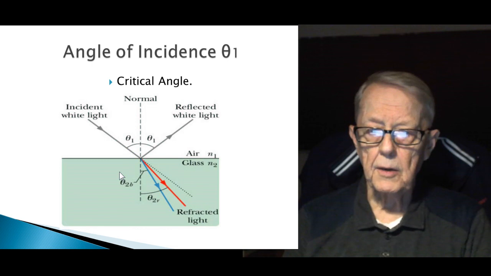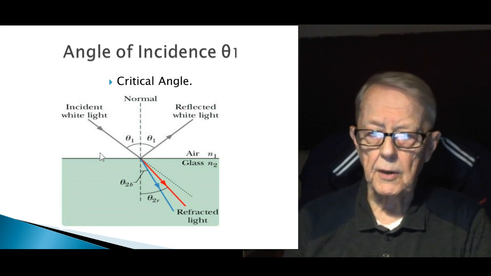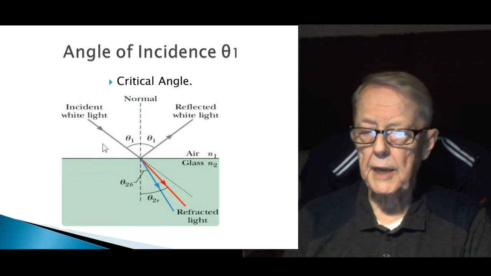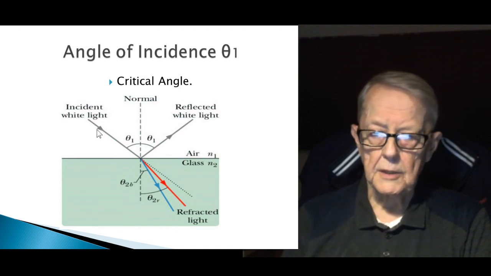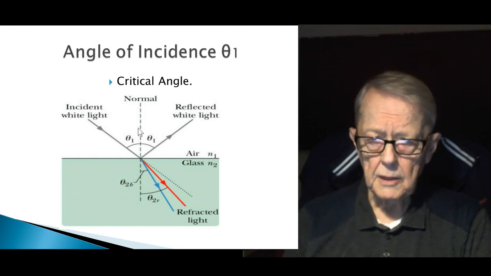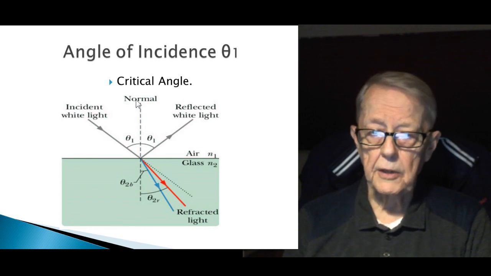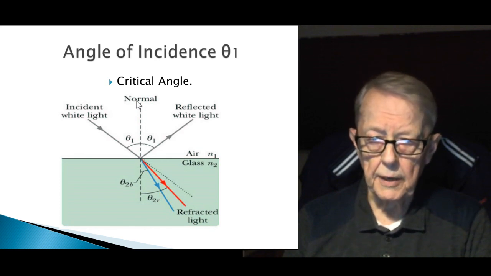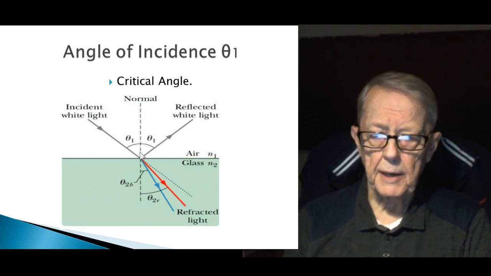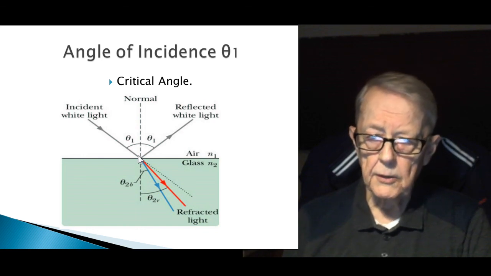Okay, angle of incidence. There is a critical angle at which some of these things happen. This is just a side issue. If you put the light in straight in, you say, well, where's the reflection? Well, it'll reflect straight back at you. There is no refraction because the light goes straight through.